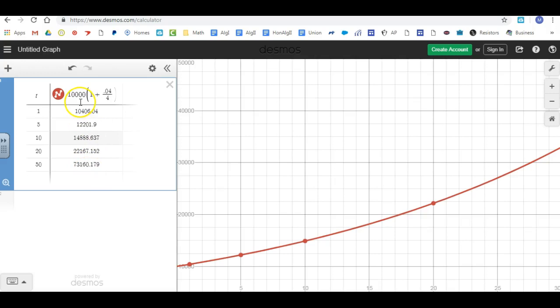I'm still starting from 10,000, but instead of 404, the balance after 1 year is 406. And instead of my value at 50 years being 72,446, I'm now up to 73,160.